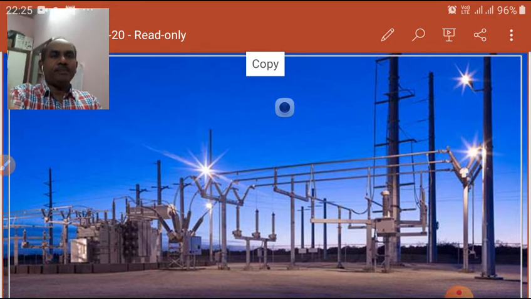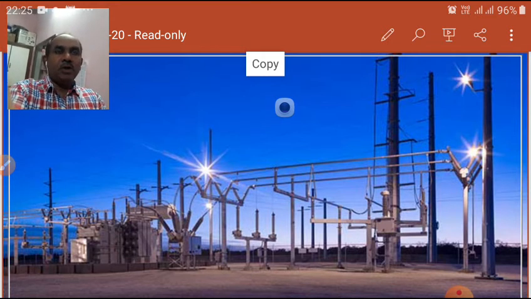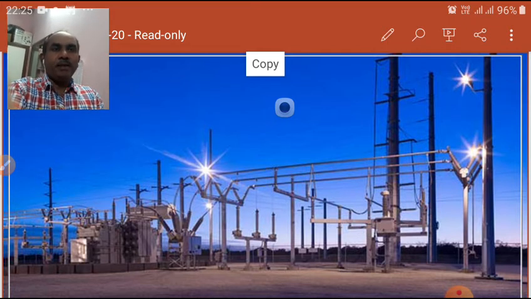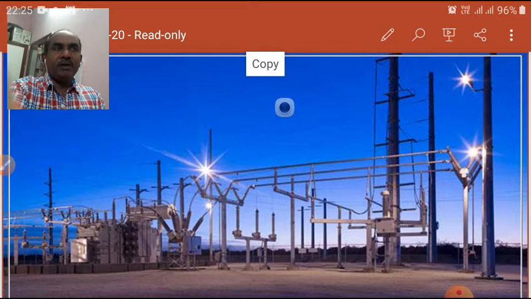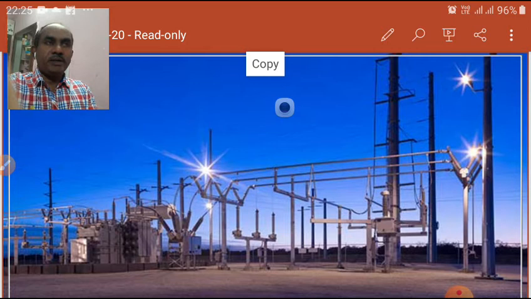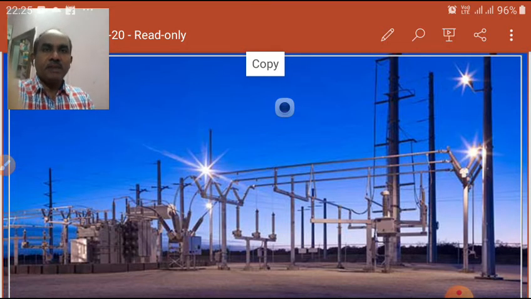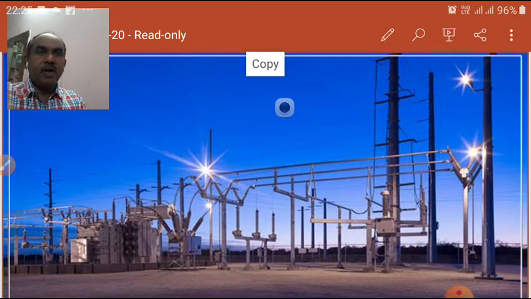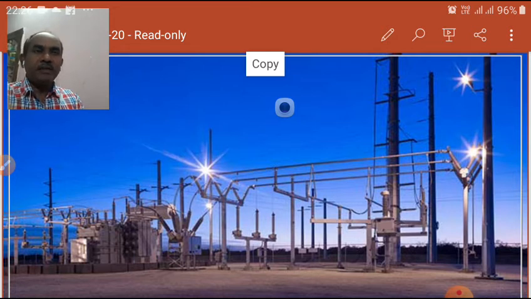On continuation of this class, we have already calculated the 11 kV line estimation: how many poles are required for a given length, how many cross arms, how many types of insulators, whether pin insulators or strain insulators, how many stays, and how many earth pits, all as per Indian Electricity Rules.